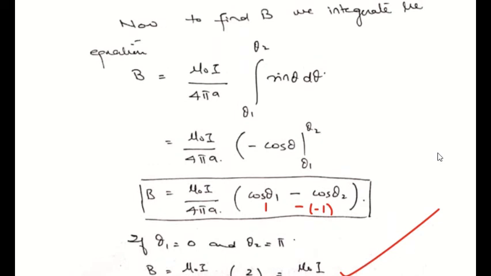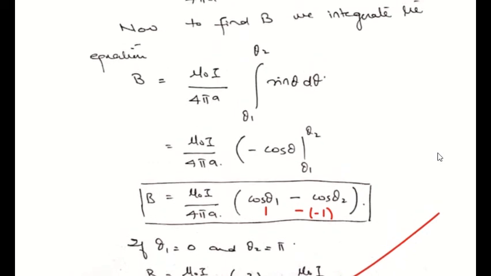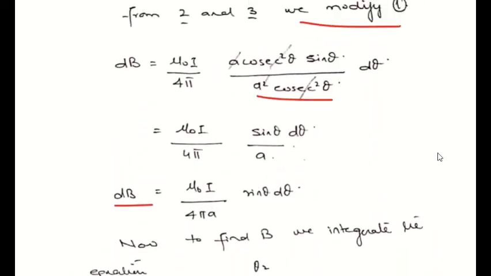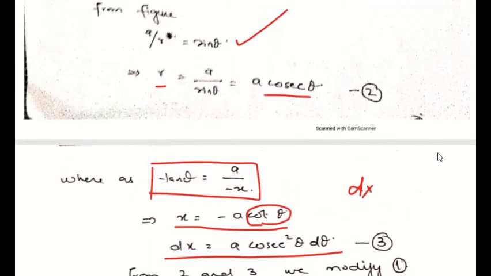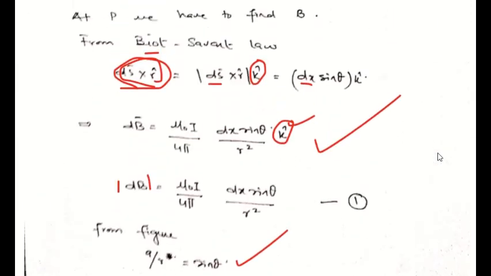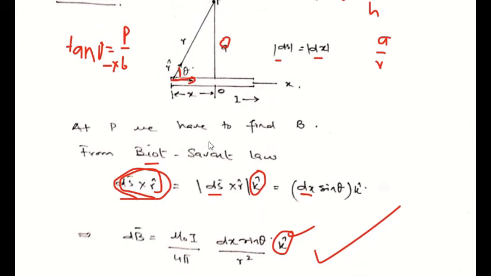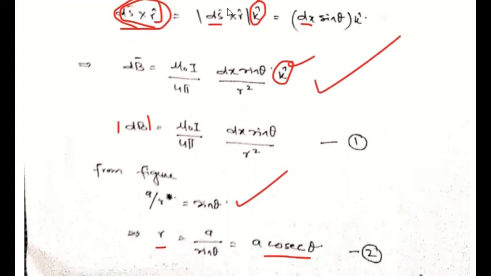So this is how we can calculate the magnetic field produced by a conductor placed horizontally along the x-axis, finding the magnetic field at point P, which is placed at a certain distance away from this current carrying conductor.